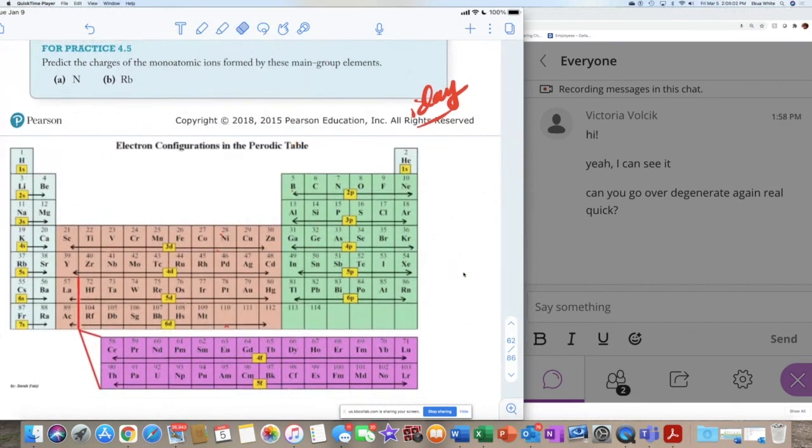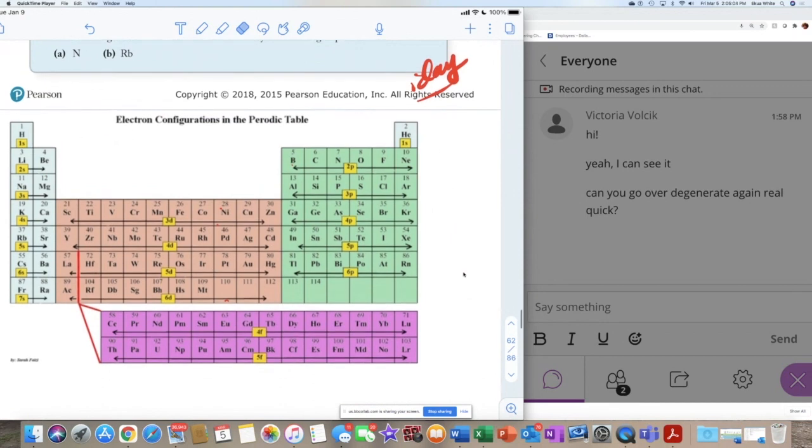So as we're looking at this slide here, what we're seeing is the sublevels, right? I didn't make this slide or this picture, but I found it online. But if I were to title this, I will do more than just write electronic configuration in the periodic table. This periodic table can be used for electronic configuration, but that's not what it's really showing. What it's showing us here is the sublevels, right?